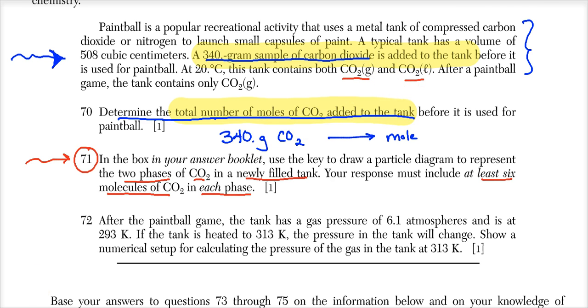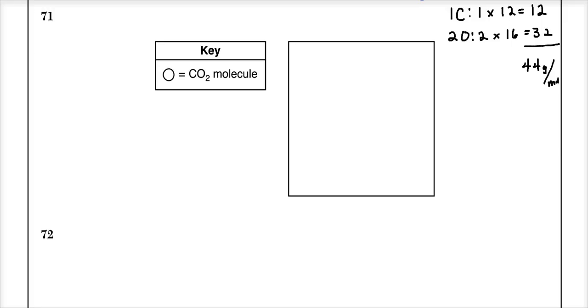Let's go there. Now, in number 71, in the box in your answer booklet, use the key to draw a particle diagram. Here is the key. This is what a CO2 molecule looks like. That's just a simple open circle. Try to stay with what they're asking for you to draw: the 2 phases of CO2.